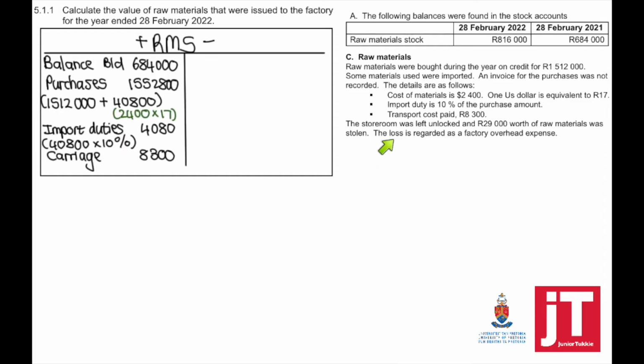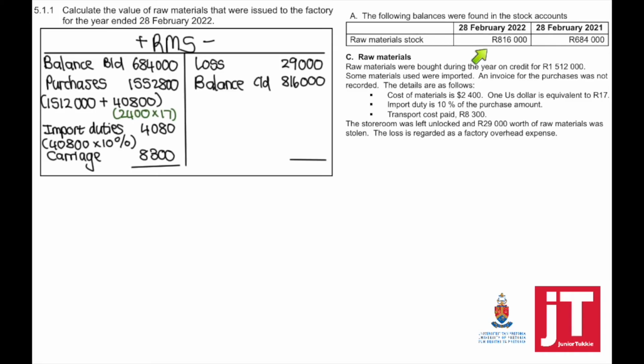Now, the storeroom was left unlocked and 29,000 worth of raw materials was stolen. The loss is regarded as a factory overhead expense. This means we will need to subtract that and show loss, 29,000, and then it will be shown in your factory overhead cost account because they said to you, the loss is regarded as a factory overhead expense.